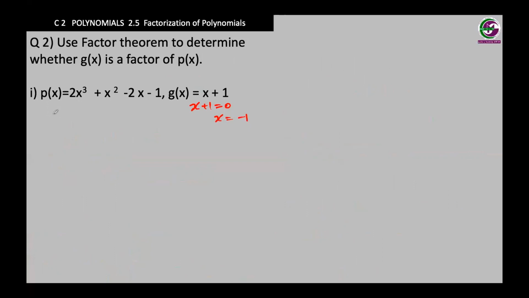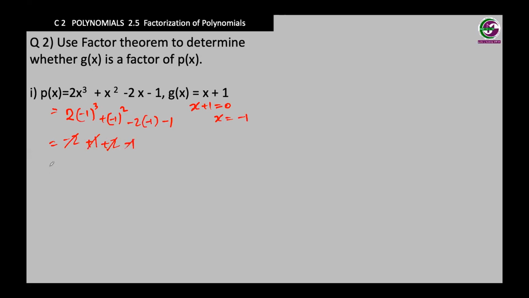So we rewrite 2 times negative 1 power 3 plus negative 1 power 2 minus 2 times negative 1 minus 1, which is equal to: power is 3, so negative 2 plus 1 plus 2, because negative and negative is positive, negative 1. So negative 2 and positive 2 get cancelled, 1 and 1 get cancelled.